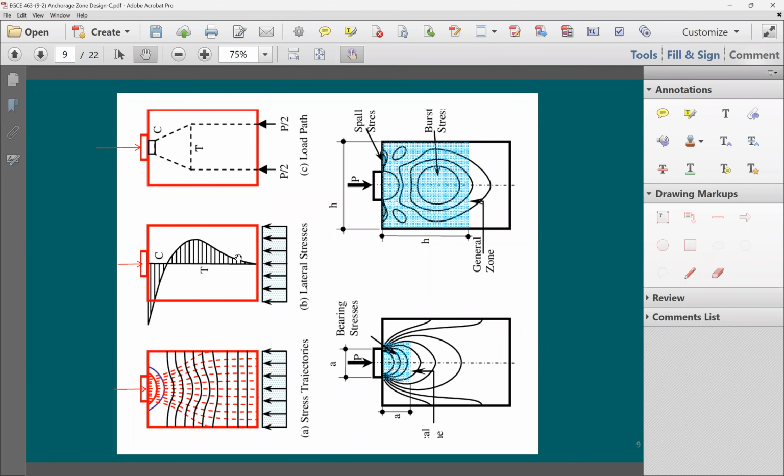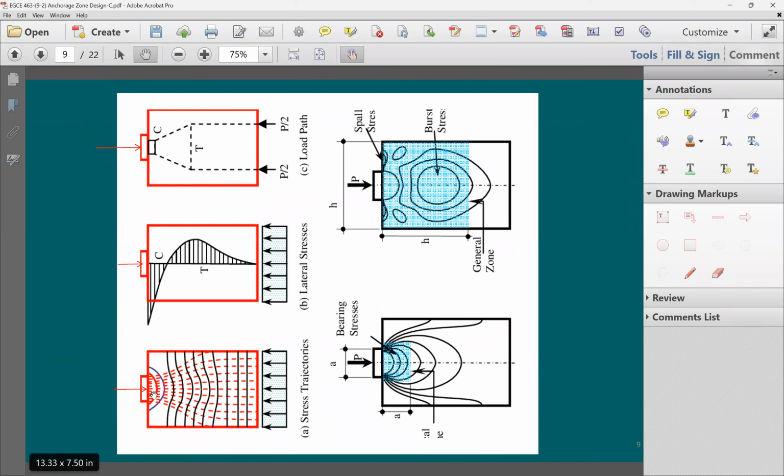Now let's study all of these cases and see what's happening. The stresses that you're looking at here, the red dashed ones, are going to be compression, and these are going to be the stresses in the X direction. So all of these red dashed lines are going to be the stresses in the X direction. This is going to be the X direction.